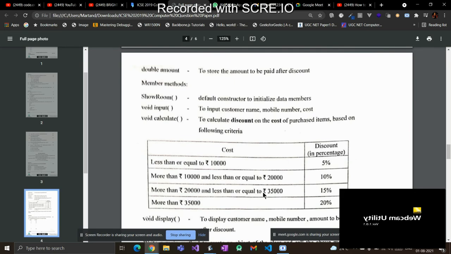Okay, very easy. 15 out of 15 you get. The only thing is that you should remember that you should write all these methods as given in your paper.